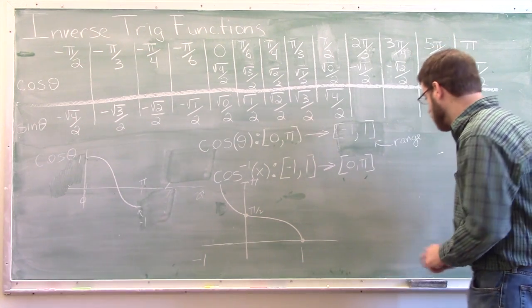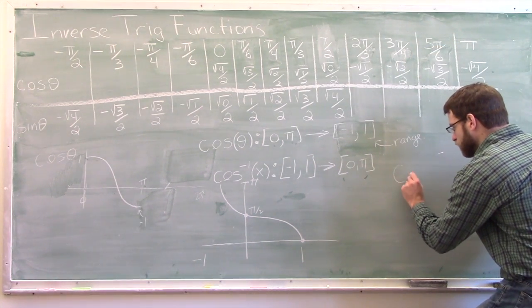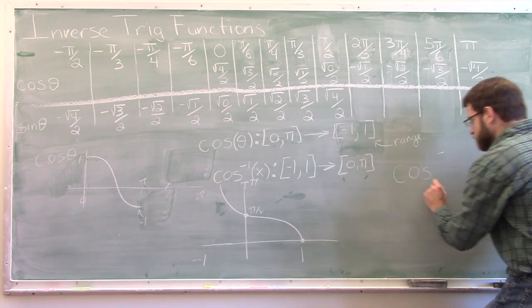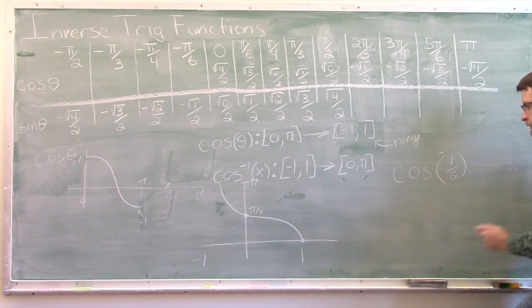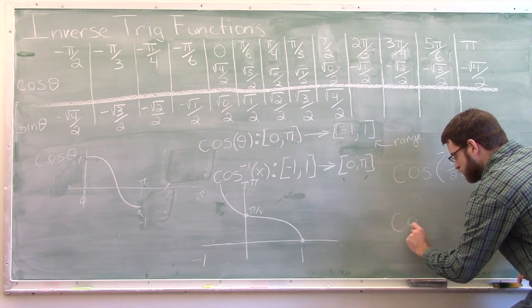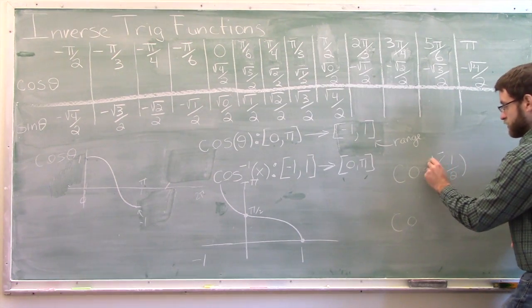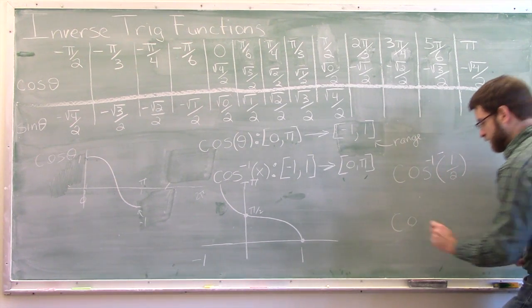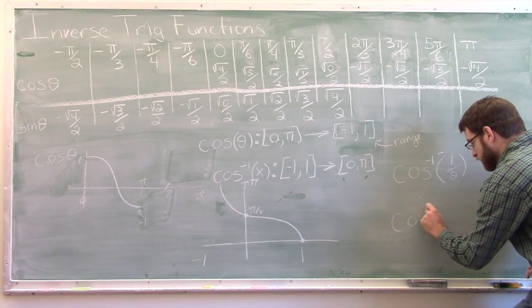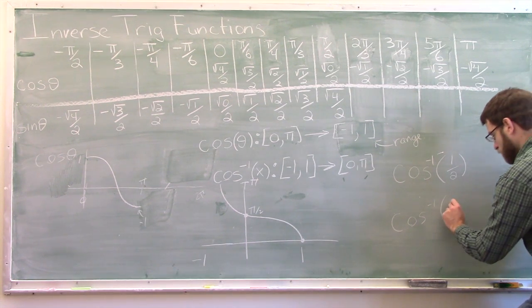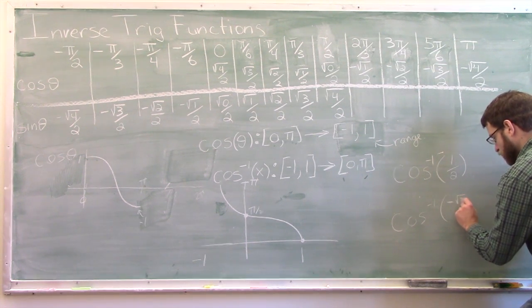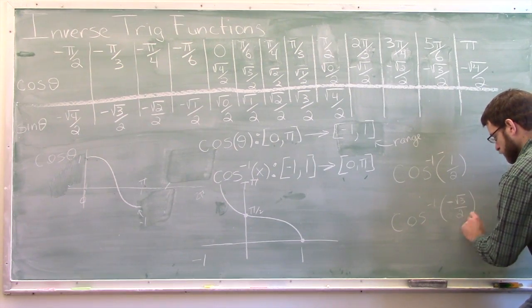So suppose I wanted to compute, let me give you a couple of examples. Let's look at cosine inverse of 1/2, and then cosine inverse of, how about minus √3 over 2.